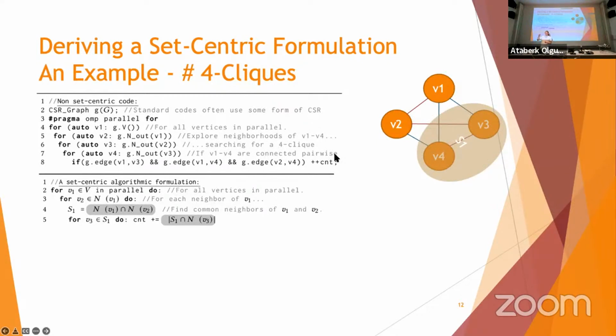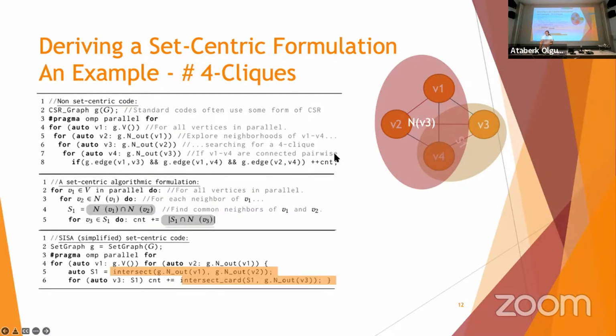So if we then pick a vertex in that set and intersect the neighborhood of this vertex with S1, well, then we found all the 4-cliques for V1, V2 and the selected vertex V3, and can increase the counter of found 4-cliques by the cardinality of the intersection. In this case, it's only V4. And once we've got the set-centric formulation, then we only need to translate that into SISA instructions and we have our set-centric code for SISA.